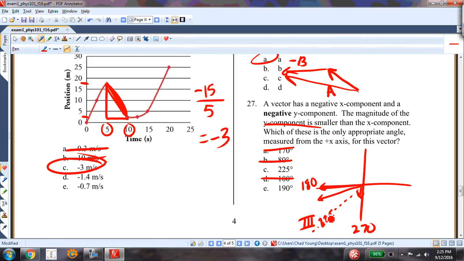So it's actually somewhere above 225. So that means the answer has to be E, 190. It can't be at 225 because that would mean that the x and y components are equal in magnitude, and the angle would be 45 degrees. So the answer here is E.